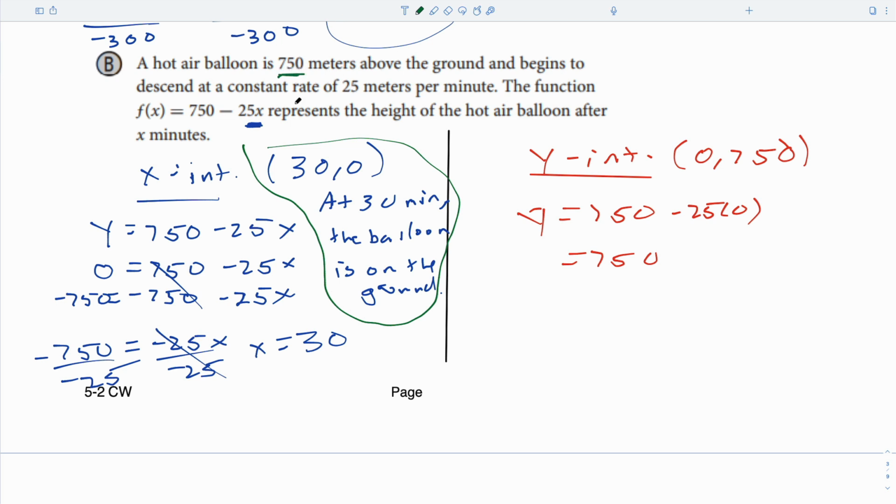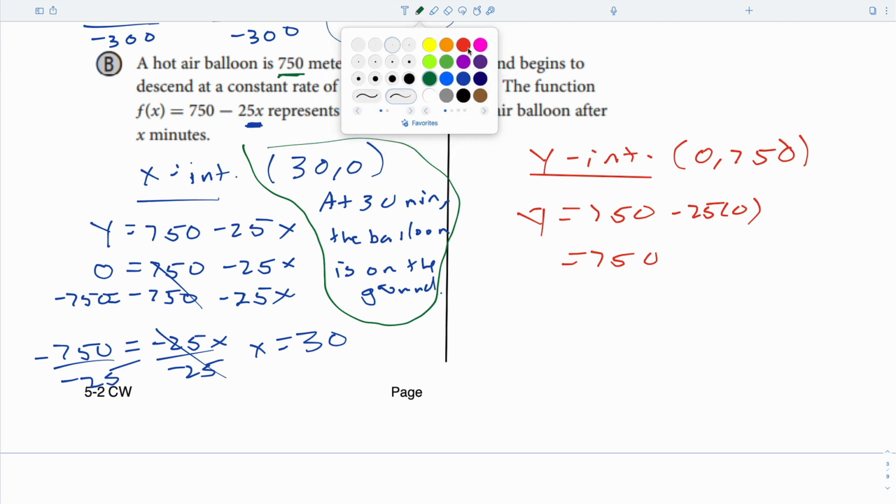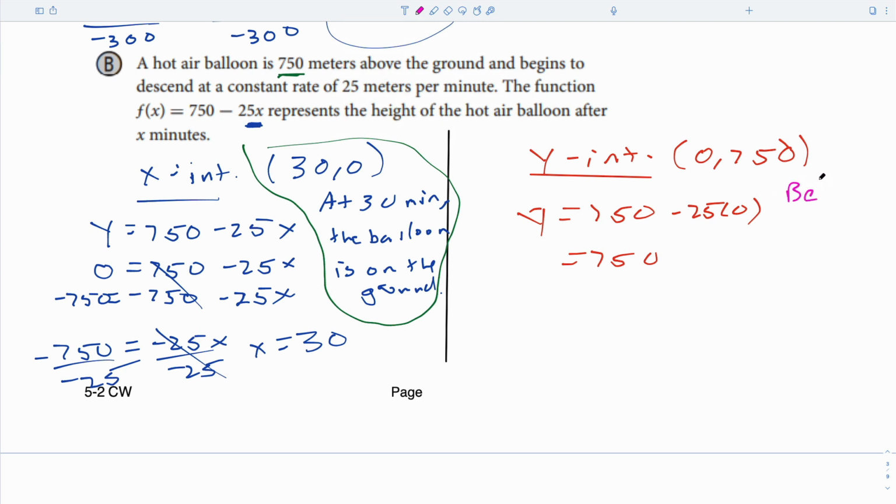It's at 750 meters. So you're going to put a statement before the balloon descends. Where's the red? There it is. Before the descent, the height is 750 meters.